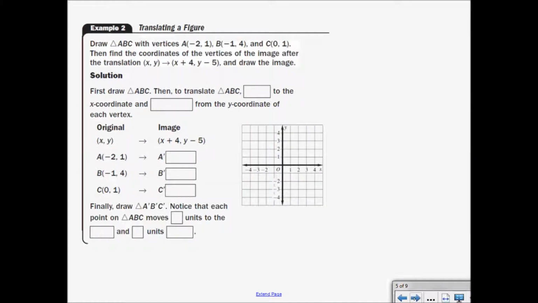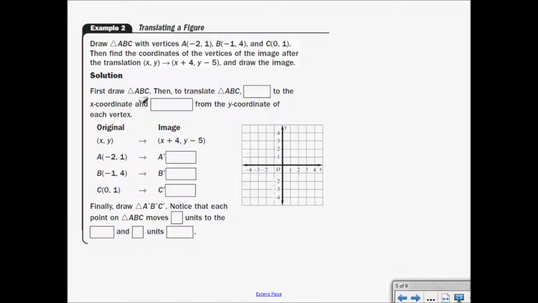Draw a triangle ABC with vertices A at -2, 1, B at -1, 4, and C at 0, 1. Then find the coordinates of the vertices of the image after the translation from x, y to x + 4, y - 5, and draw the image.